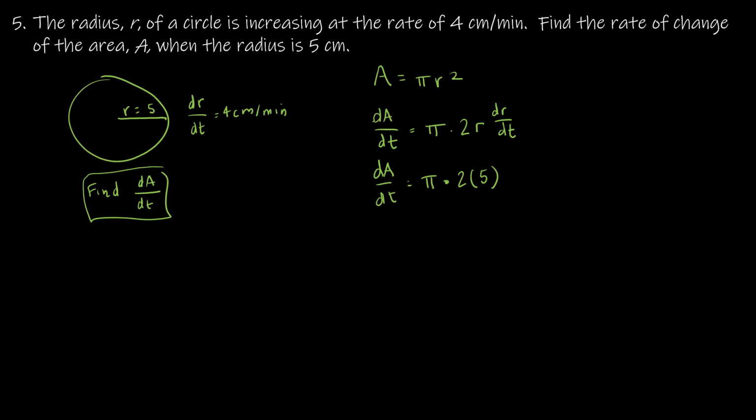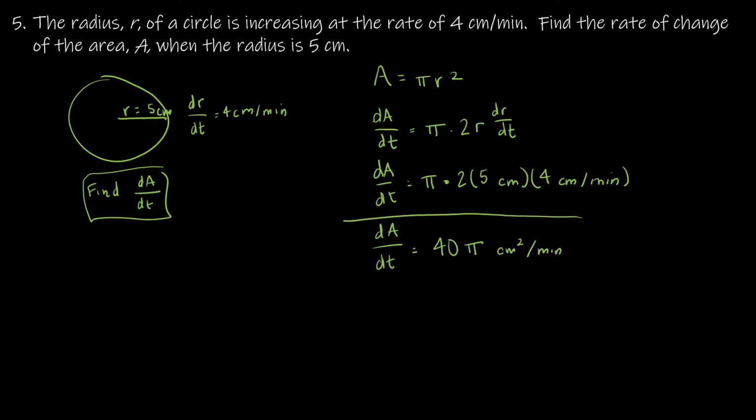Now, if you have trouble with labeling, it's not a bad idea to write 5 centimeters and 4 centimeters per minute. So when I multiply it out, I get dA over dt is equal to 2 times 5 times 4, or 40 pi, and you can certainly multiply out the pi if you'd like. But then I've got centimeters and centimeters, so centimeters squared per minute, and that is my final solution.